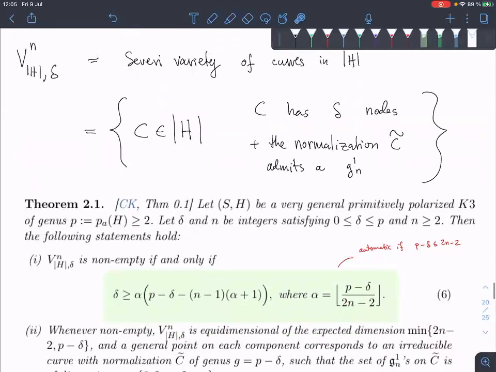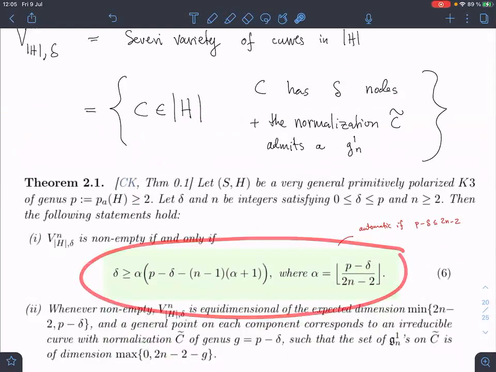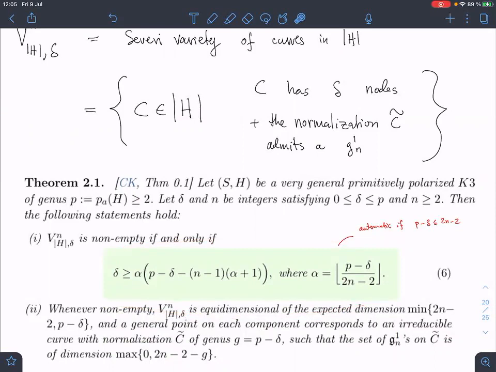I'll just refer to the notes, saying that there's some sort of arithmetic condition here, saying that in some cases, we can find such rational curves, or sorry, some curves where there's a G1n, and those curves give us what we want.